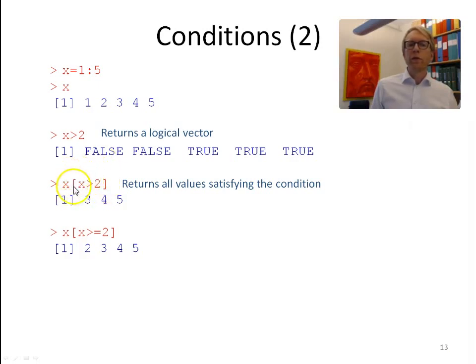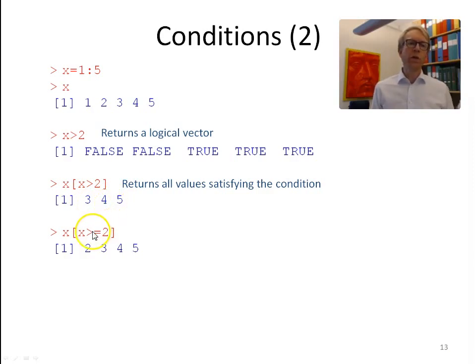Of course this is a vector containing false, false, true, true, true. What R does then is go into the vector x and collect all the elements with the true. So the first element, which is false, is not used. The second is not used. The third is used because that's true and you get the 3. Fourth, true, you get the fourth element and you get the fifth element. So 3, 4, 5. That's the numbers in x which are greater than 2.